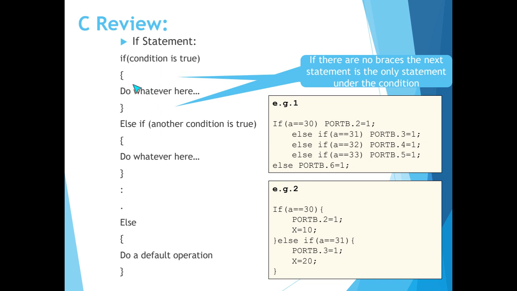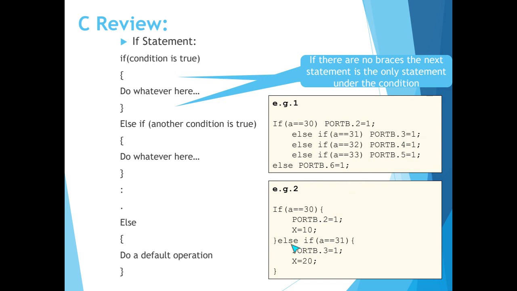If not, the else if condition is considered by the compiler, and if it's true, then this body is executed. If this is also not true, then the else term is written, and the body related to else is executed by the compiler as a default.